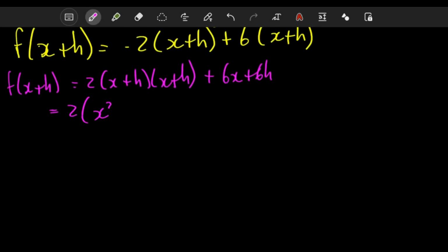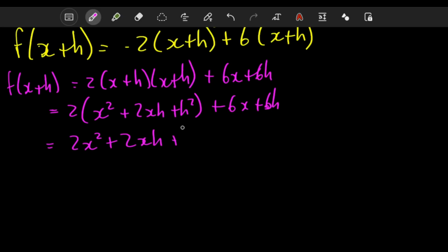If you expand it out here, it's going to be x squared plus 2xh plus h squared. And then let us multiply the 2 inside now. 2x squared plus 2xh plus h squared plus, what's going on? No, big mistake. The 2 is going to be a 4 here, and then this is going to be this over here, and then plus 6x plus 6h.